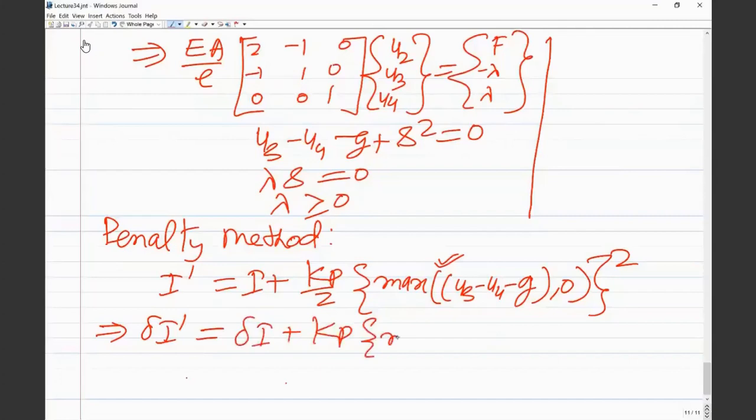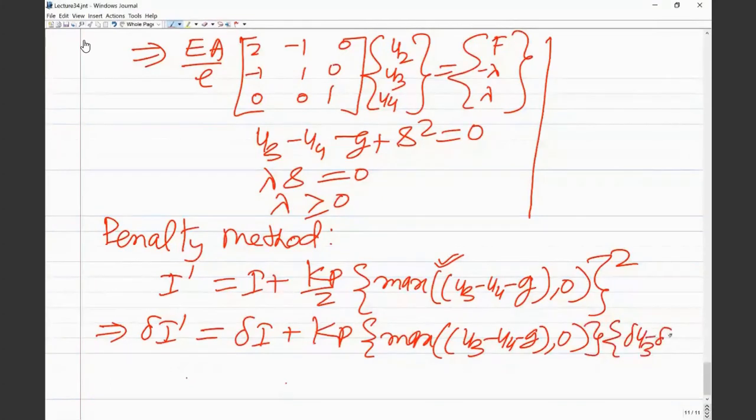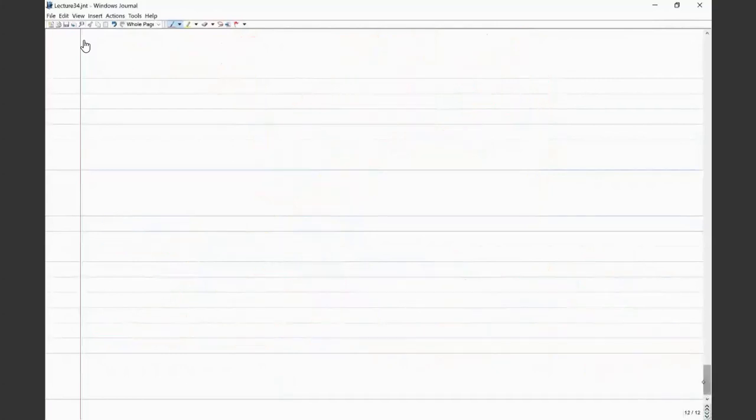So we will have here the maximum of, of course, u3 minus u4 minus g and 0. So this term, and of course u2, u3 are unknown, so their variation will come, delta u2 minus delta u3. Sorry, delta u3 minus delta u4. Equal to 0.